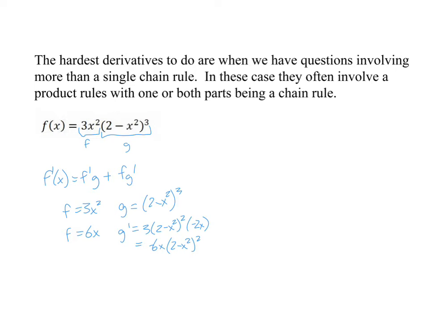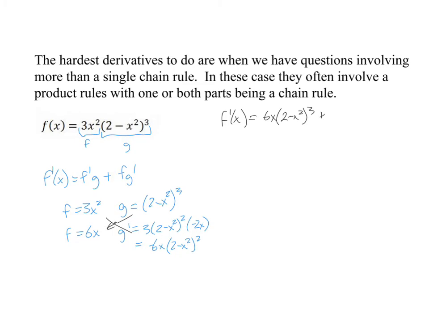So now when we follow the rest of the product rule steps, this is where it gets to be a little bit tricky. So we do our regular product rule, so let's multiply those two first. We'd have 6x times our top value of g, and then we would do plus the other two.